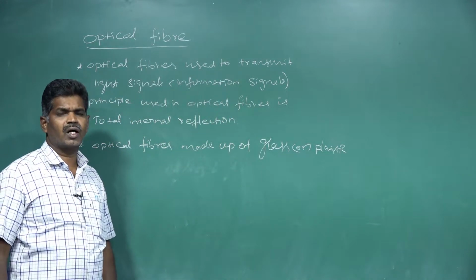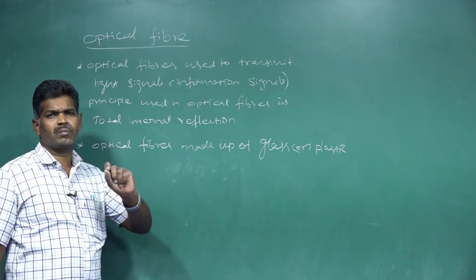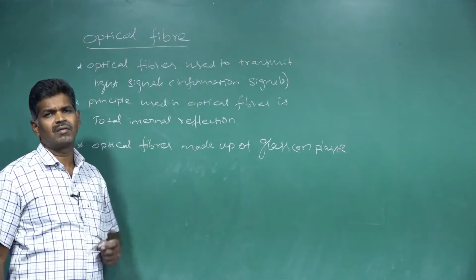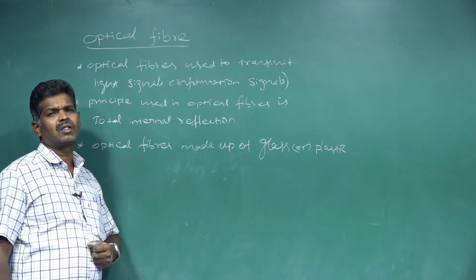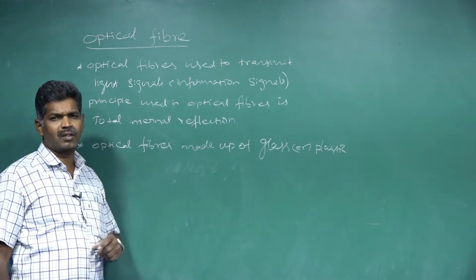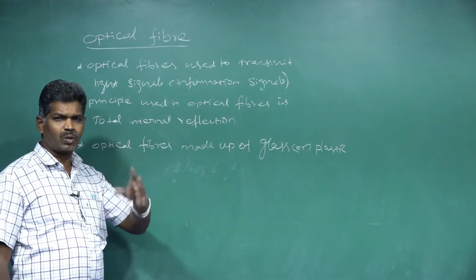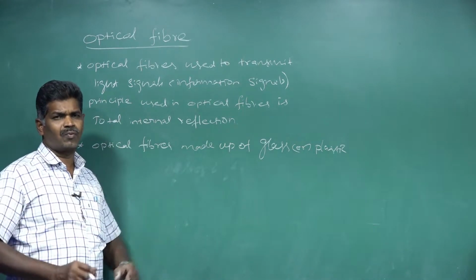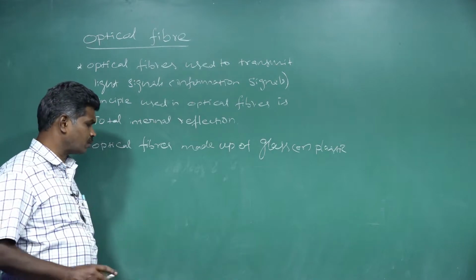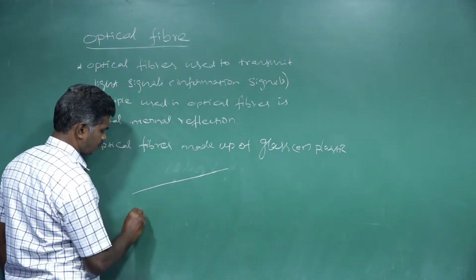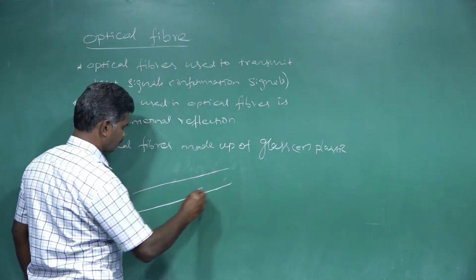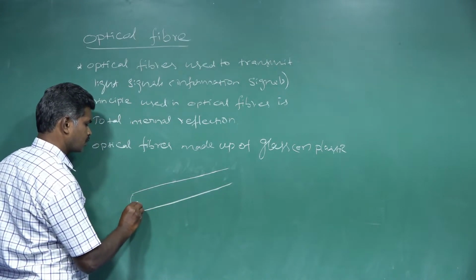There we have two mediums in each cylindrical fiber. For the diagram, we are going to take a small piece of fiber and draw it. It is in a cylindrical shape. We are mentioning it like that.